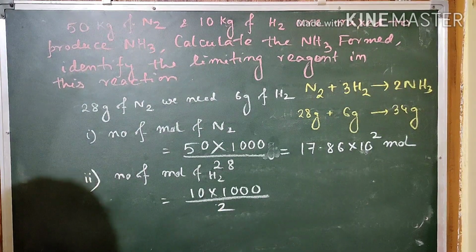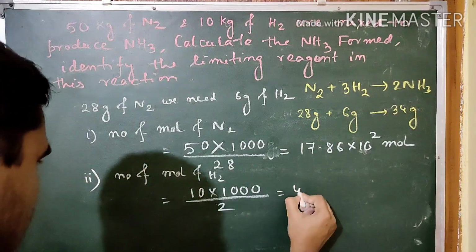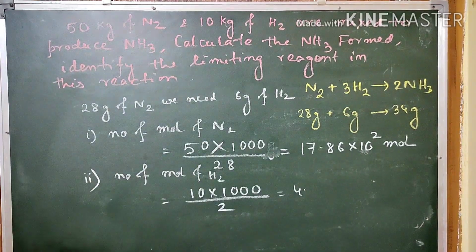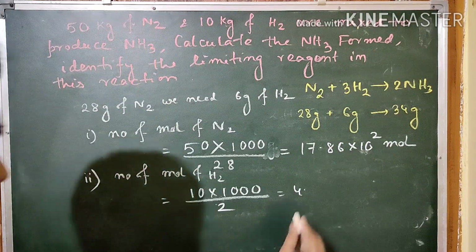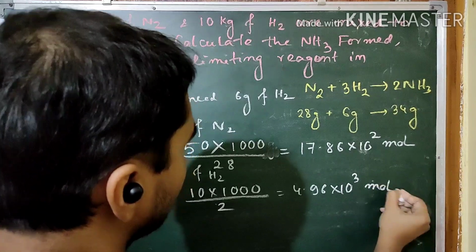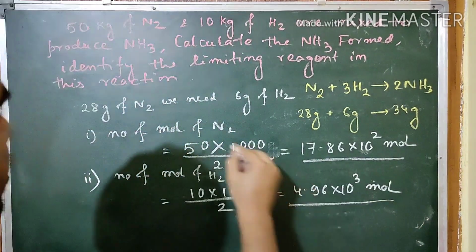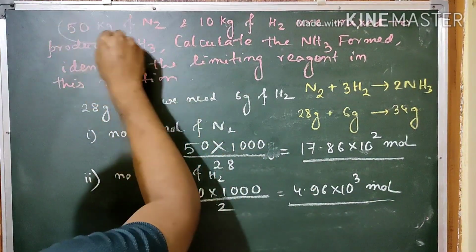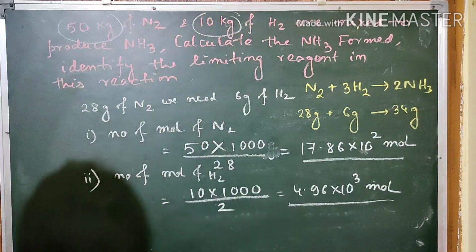We should be getting 4.96 into 10 to the power 3. So these two values we are getting from 50 kg and 10 kg only.